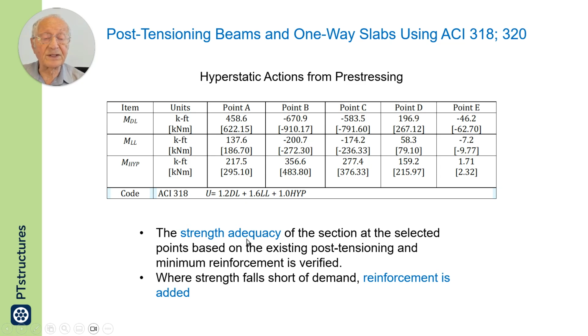The strength adequacy of the section at the selected points is based on the existing post-tensioning and a minimum reinforcement, and it is verified. In other words, rather than calculating the required amount of reinforcement for the demand values shown here, you bring the argument that you already have post-tensioning, you already have rebar over the support and at midspan.